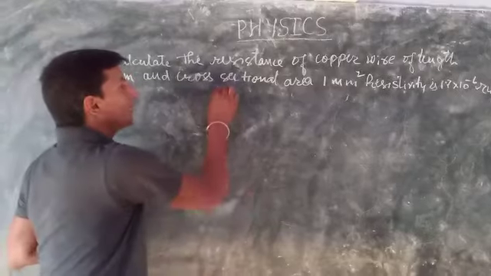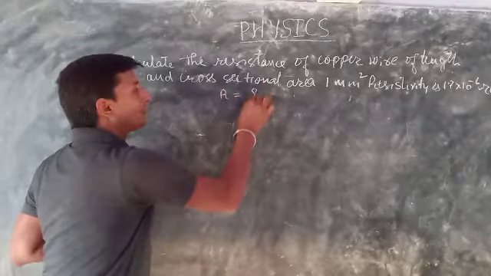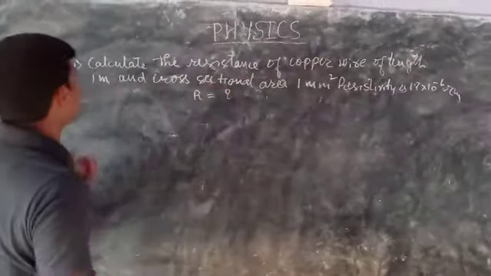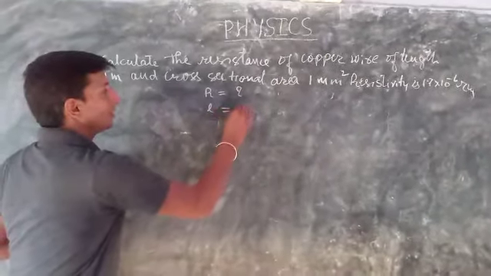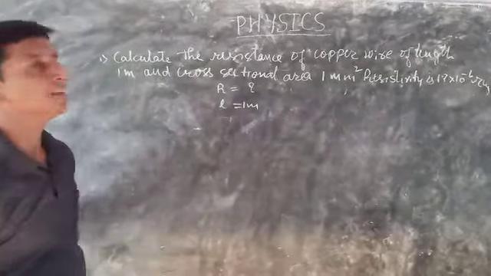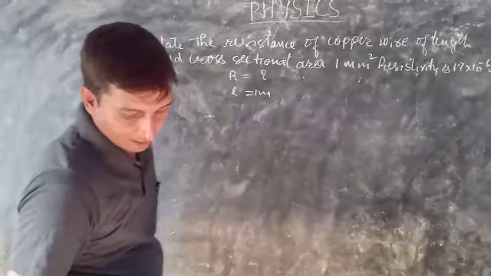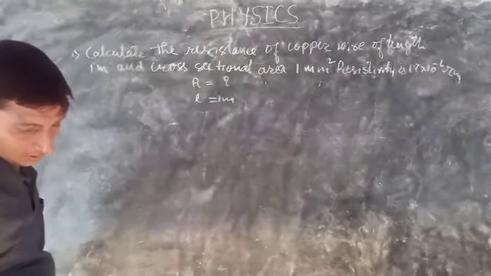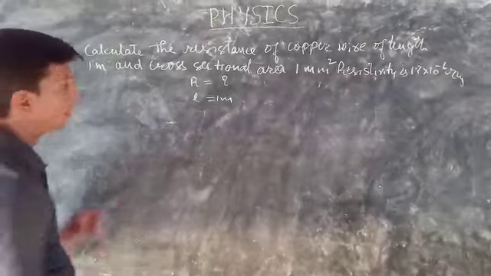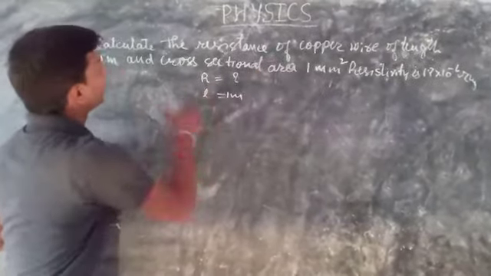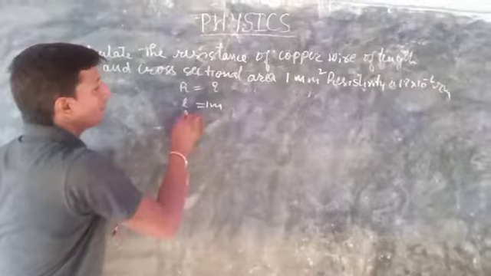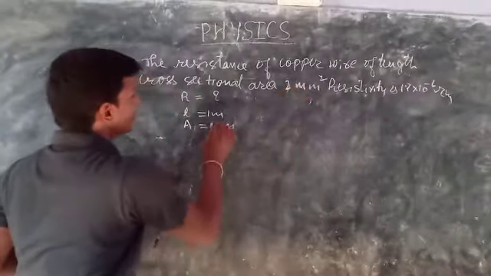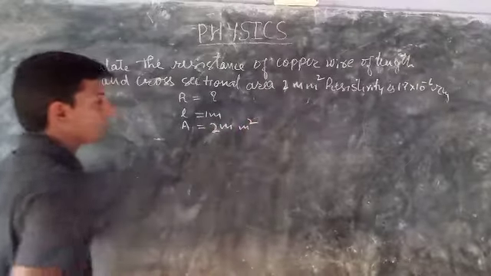We have to calculate the value of R. The length of wire is given, that is 1 meter, and cross sectional area of wire is 1 mm, sorry, it is 2 mm square.